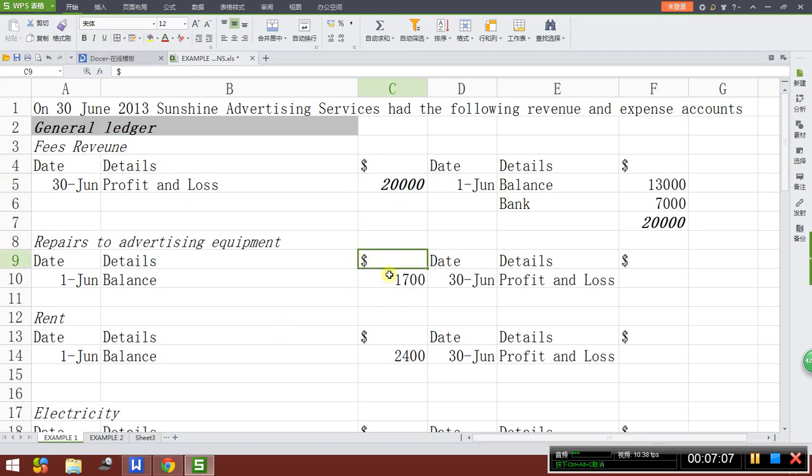Next one is repairs. The advertising equipment belongs to the expenses account. So the balance, the figure, is 70,000. So I put the loss also 70,000.